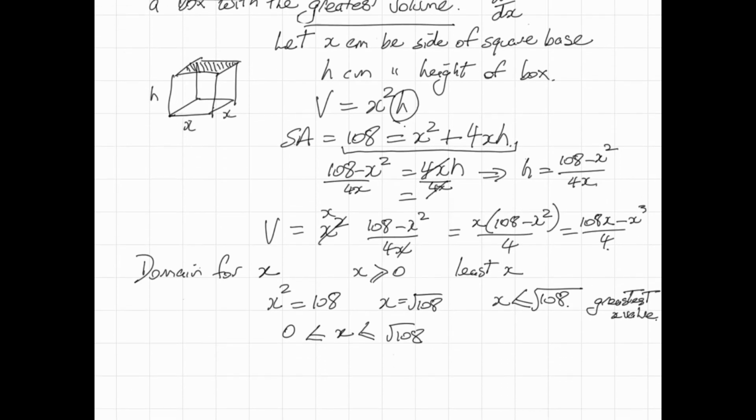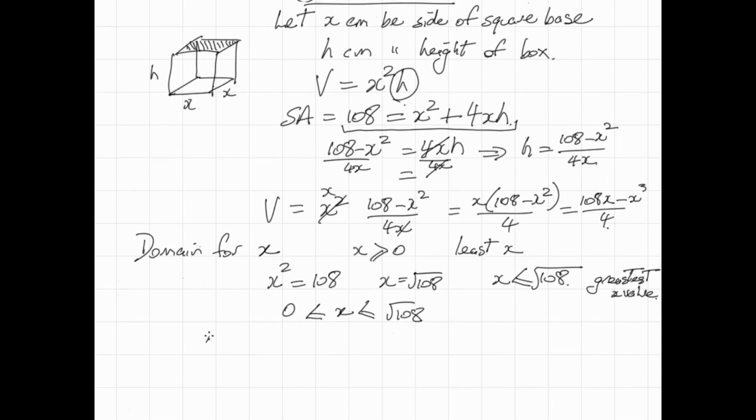So our next step is to find the derivative. So we've got to find dV/dx, the derivative with respect to x of this. To do that, it's probably best to split this up.